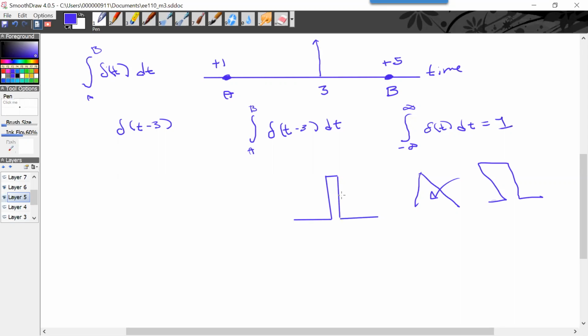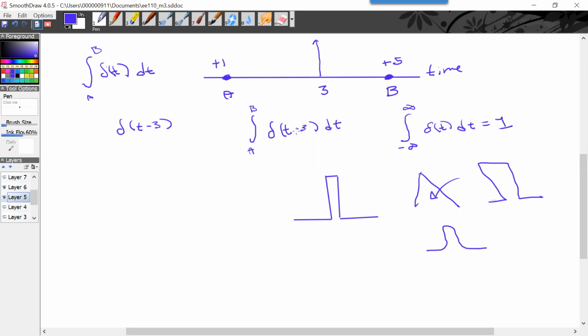I can have that feature as a delta function. I can have a Gaussian distribution as a delta function. Really, the area just has to equal 1, and the time of it has to be a lot less than the time of any system that you're working with.